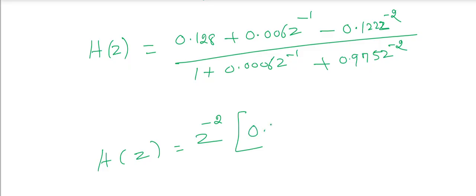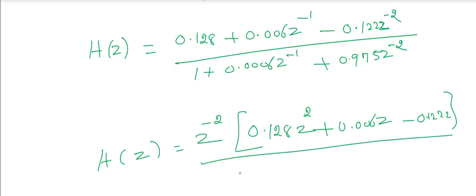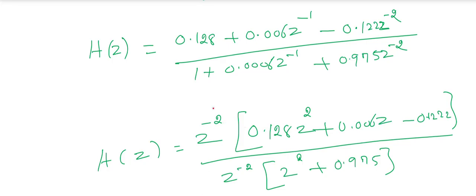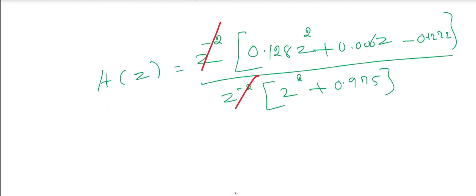So 0.128 z square plus 0.006 z minus 0.1222 divided by z minus 2, and write z square plus 0.975. So these two will be cancelled. So you can simplify z square. So z square is equal to 0.975.